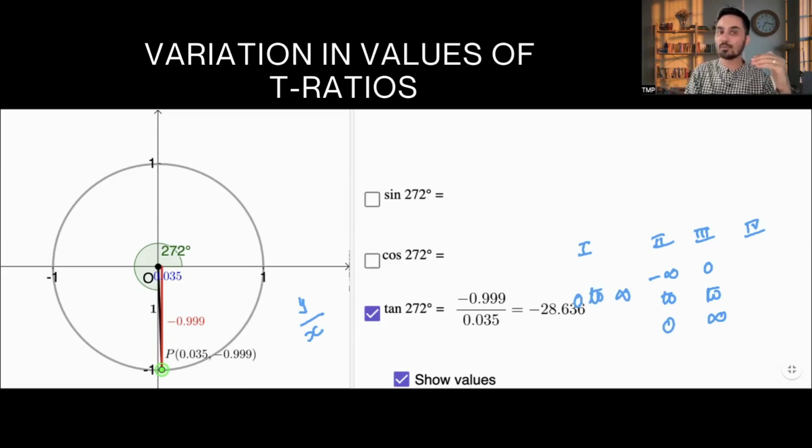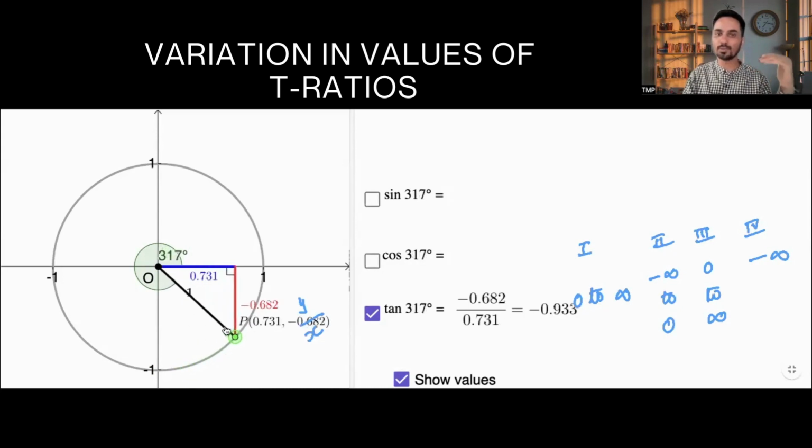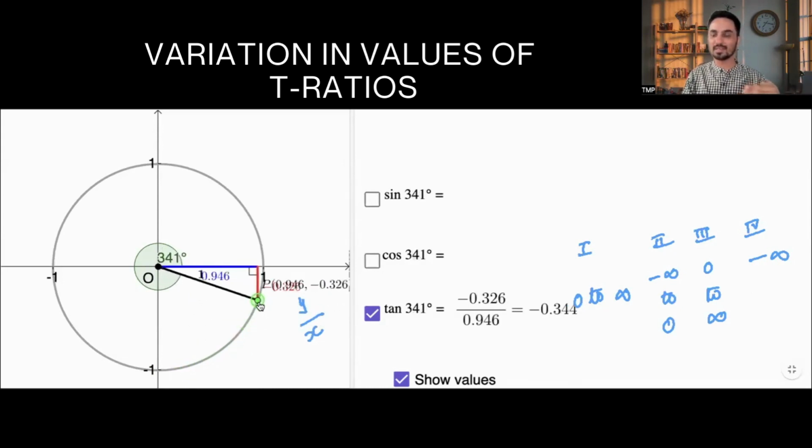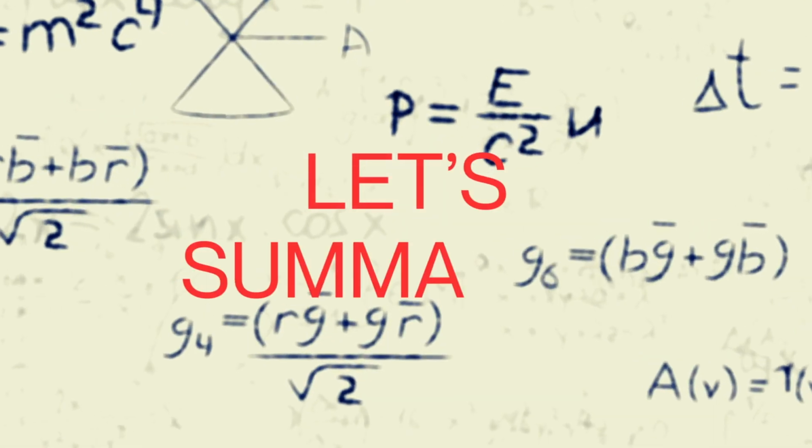That means you are moving from minus infinity, and as you go closer to 360 degrees, you see that the value of tan is increasing and it is approaching 0. So we can say that in fourth quadrant, the value of tan varies from minus infinity to 0.